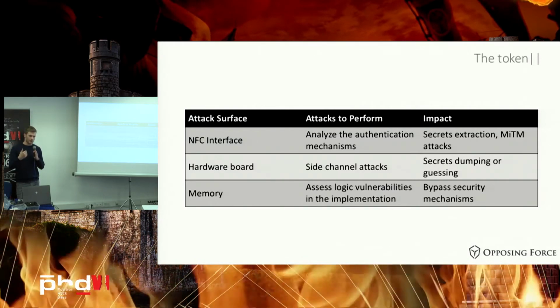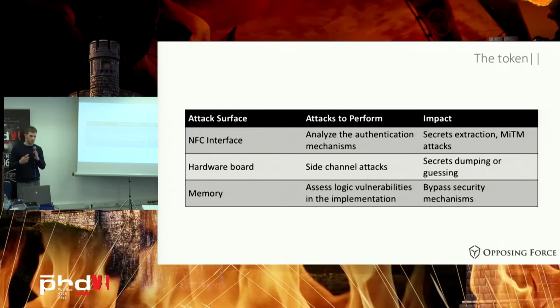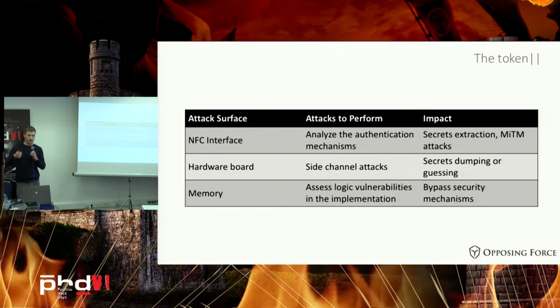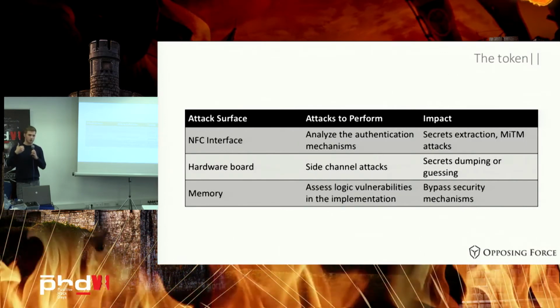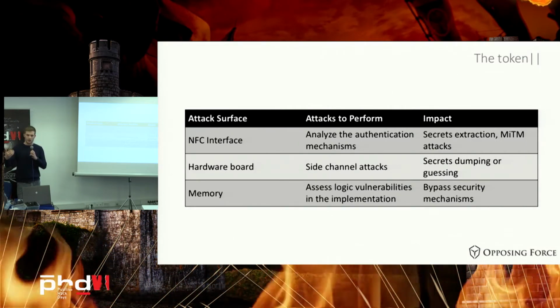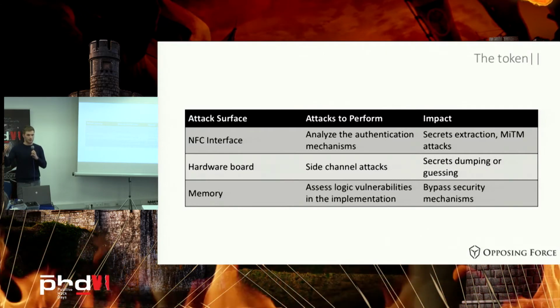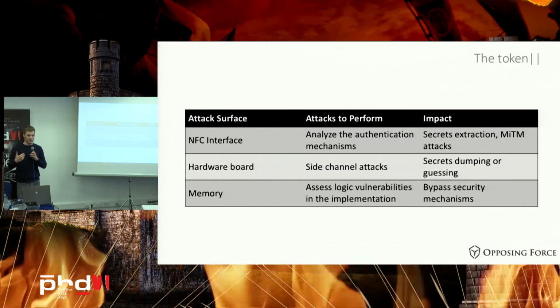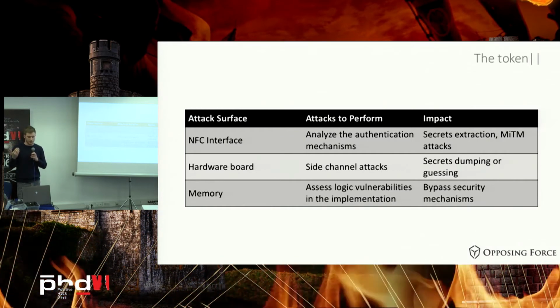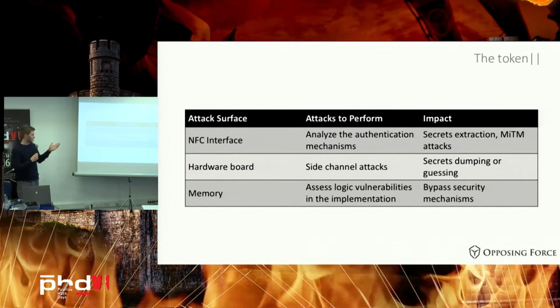So if I can read the data and modify the data on the token, I can also elevate my privileges and access restricted areas or whatever. So I just need to clone and read a token from a guest, for example, or make the company give me a guest token, and then I can elevate my privileges. And this is a logical bug, and we can find it in the memory.